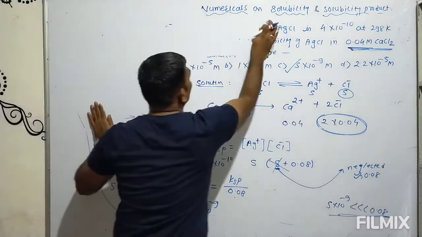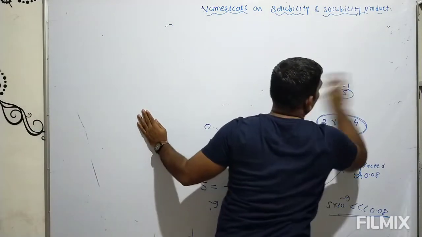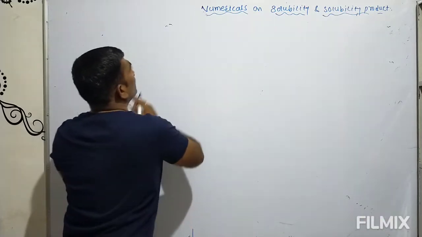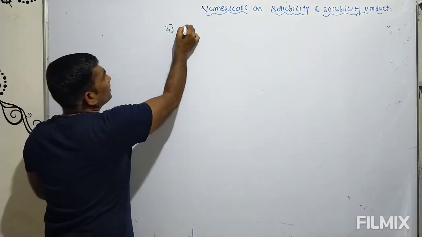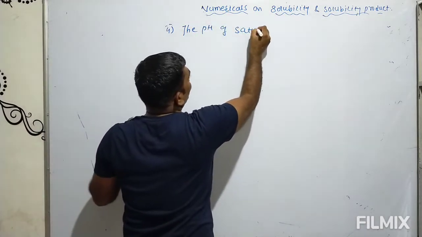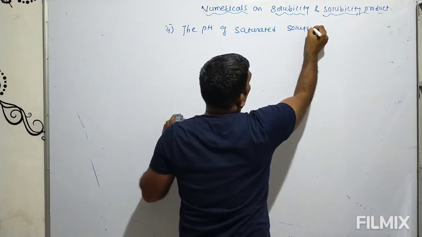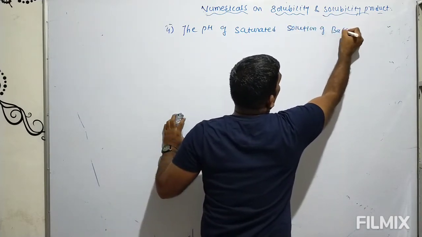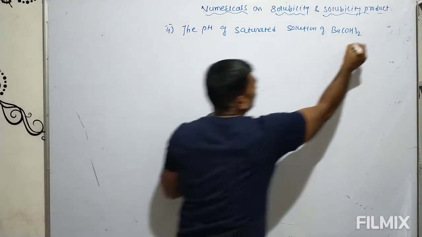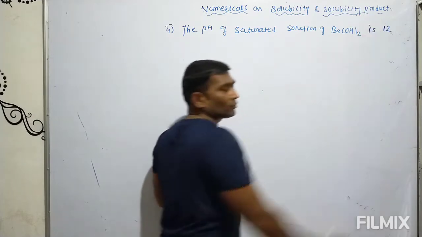Next numerical is numerical number 4. The pH of a saturated solution of Ba(OH)2 is 12.